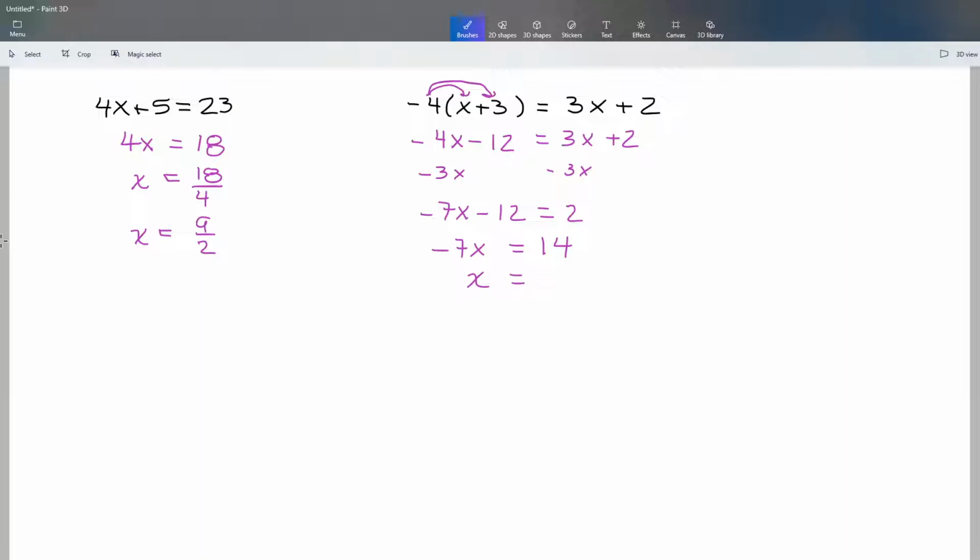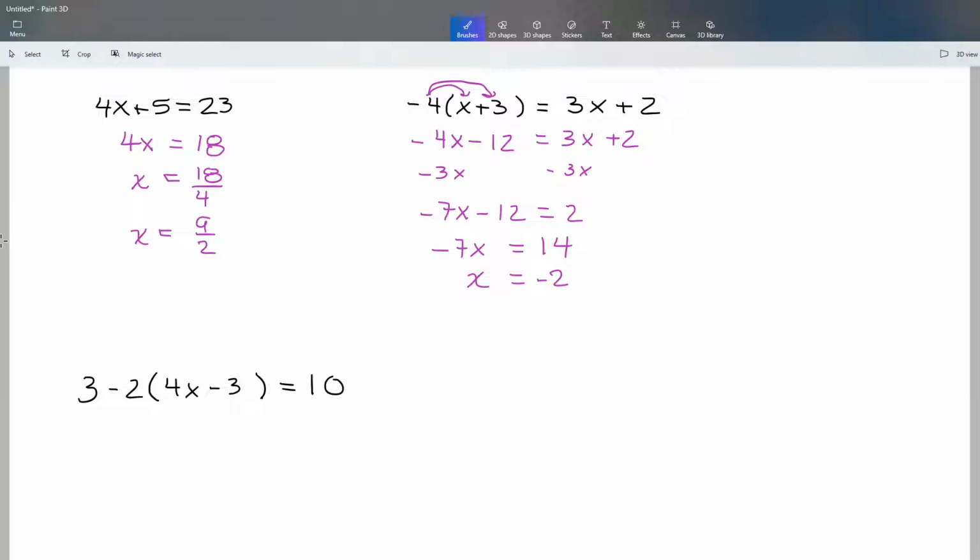Okay, so we know that 14 divided by 7 is 2, okay, and we're going to remember that a positive divided by a negative is a negative. Okay. All right. Now, one thing that I see a lot of students making mistakes with is if you have something very similar to this, something like 3 minus 2 times (4x minus 3) equals 10.